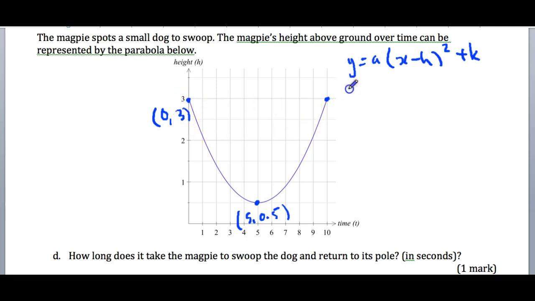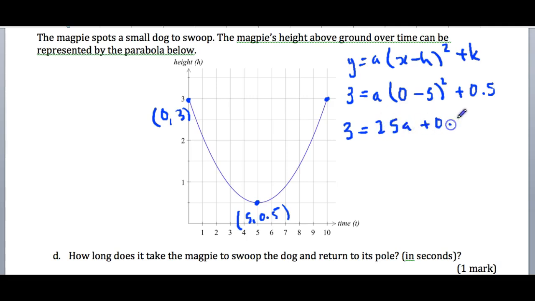Okay, so y equals 3, x is 0, h is 5, k is 0.5. If you want to write a half, you can, but I'm just going to keep it with decimals right now. Okay, 5 squared is 25. Bring that 0.5 over, so that's 2.5.